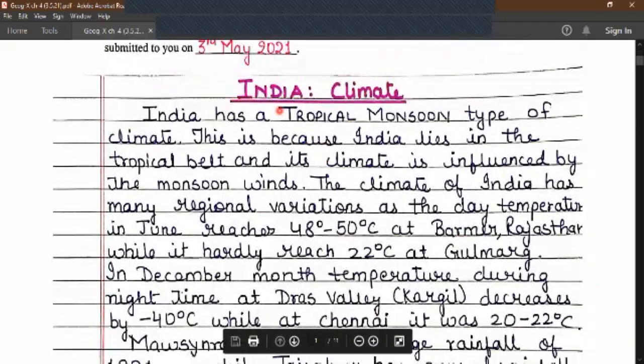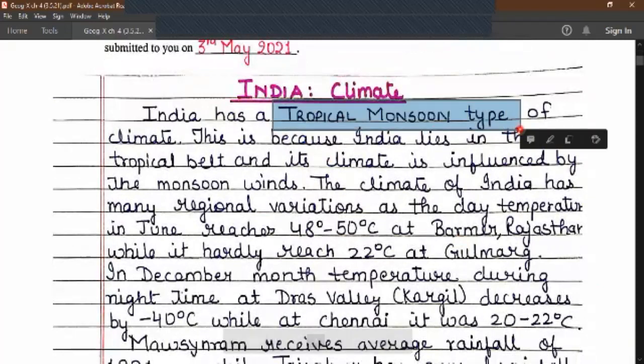Students, India has a tropical monsoon type of climate. This is because India lies in the tropical belt and its climate is influenced by the monsoon winds.